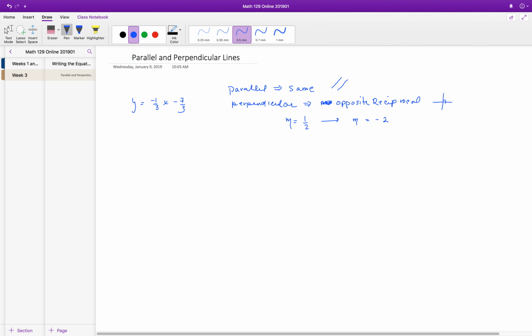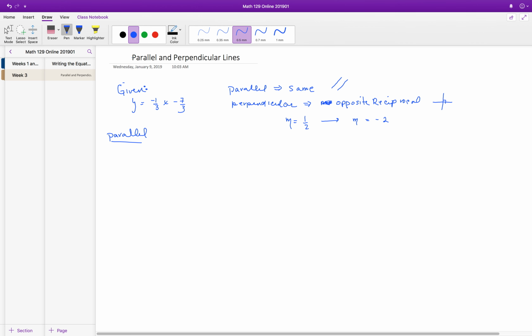So if you're given a line, like we are here, you'll be asked to either find a line parallel or perpendicular to it. If you're looking for the parallel line, remember you need two things. You need a point on the line that you're writing the equation for and the slope.